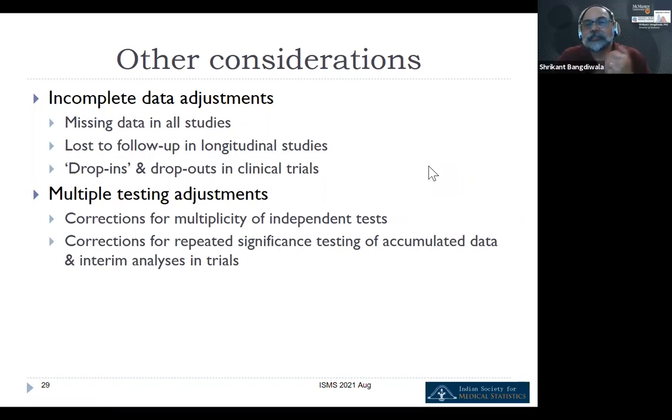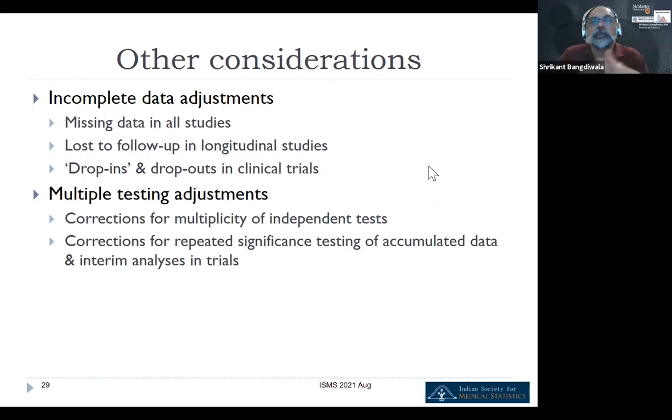So we said the analysis is basically simple and crude. It depends on the hypothesis. It depends on the randomization scheme. It depends on the type of variable. Does it depend on anything else? Do we do other things? Well, we said the sample size is going to be affected by, do we want to adjust for missing data or loss to follow-up or drop-ins and dropouts, for example, people that cross over.